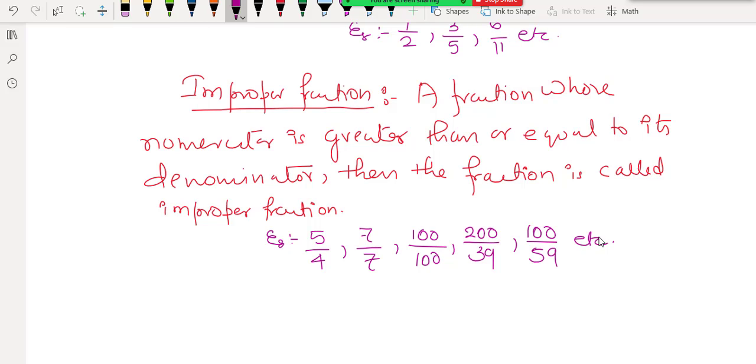No, there are actually infinite. Infinite improper fractions you can write. Do you know the meaning of infinite? Yes, sir. What is it?